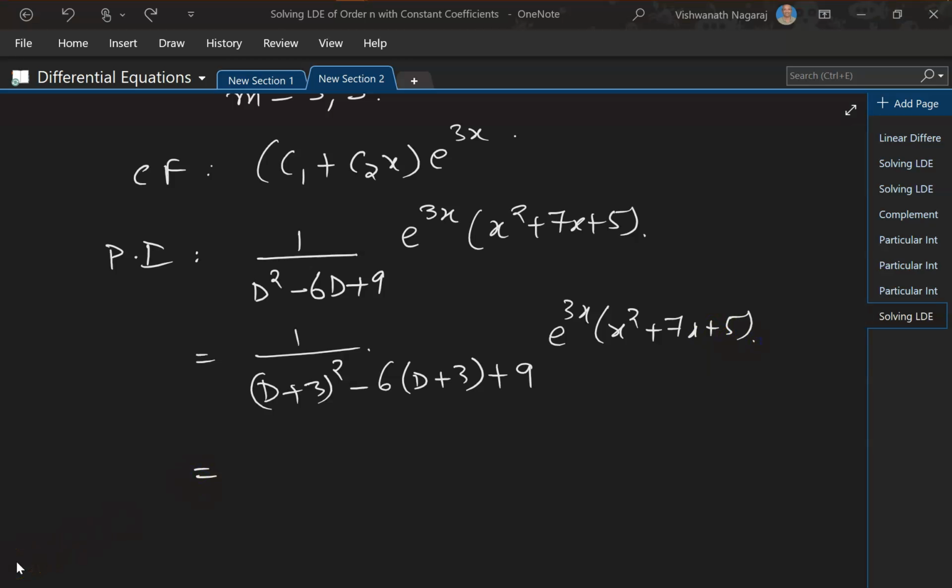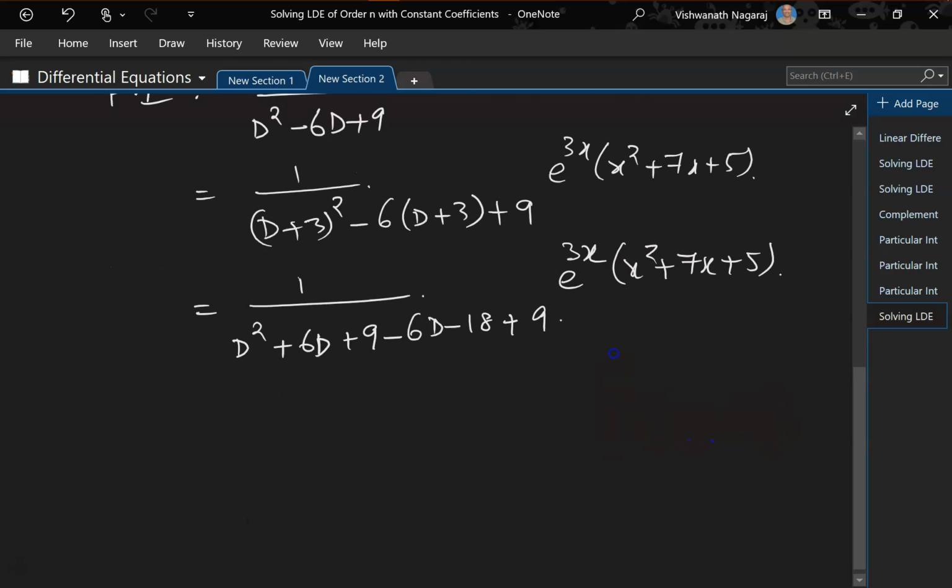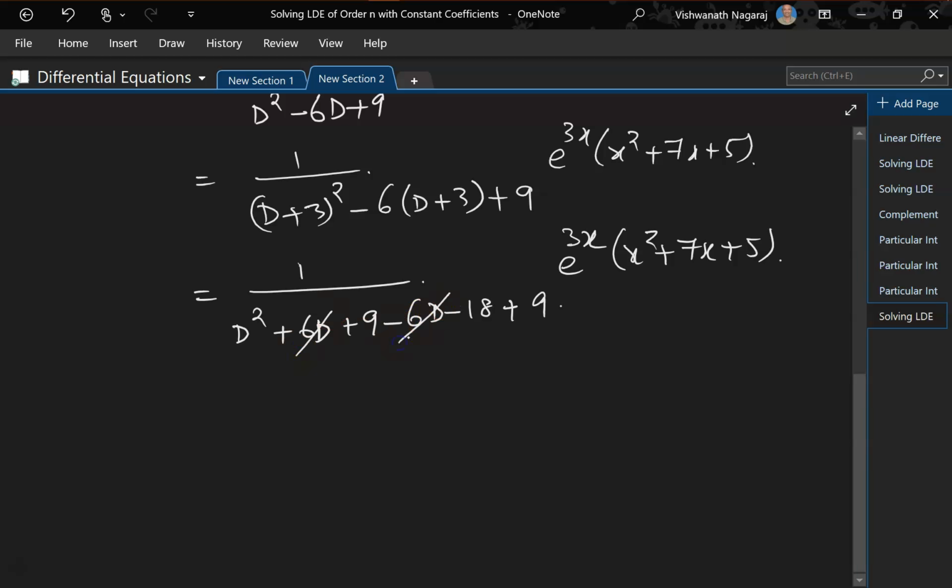Let's expand all this: D² + 6D + 9 − 6D − 18 + 9. Now here 6D and 6D cancel, 9 plus 9, 18 minus 18 gets cancelled. We are left with 1/D² of e^(3x)(x² + 7x + 5).